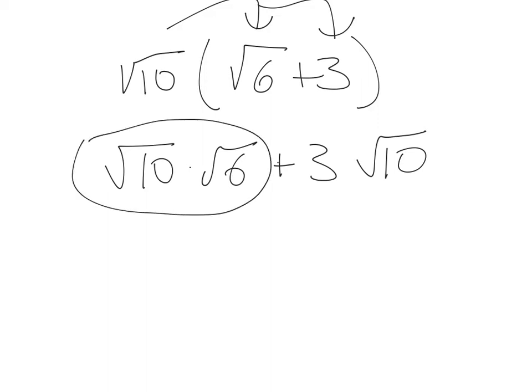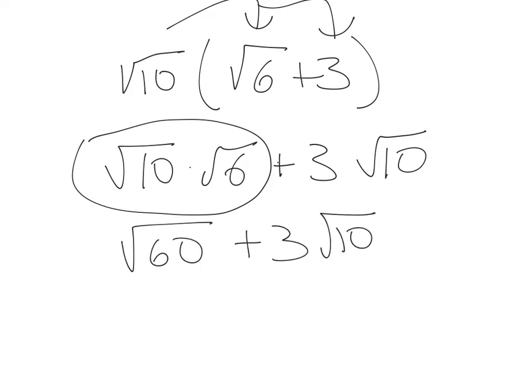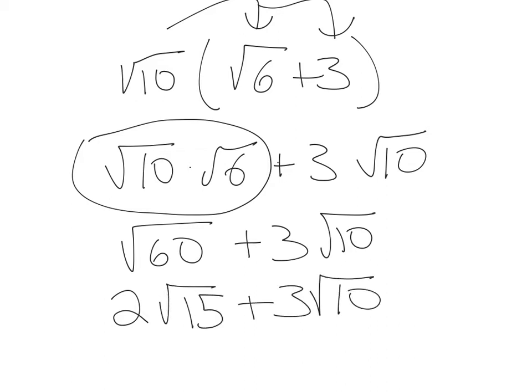We can do 6 times 10 underneath the radical sign, giving us the square root of 60 plus 3 times the square root of 10. And the square root of 60 can be simplified into the square root of 4 times the square root of 15, or 2 root 15 plus 3 root 10. Is there any other simplification we can do here? No. That's the extent of it.